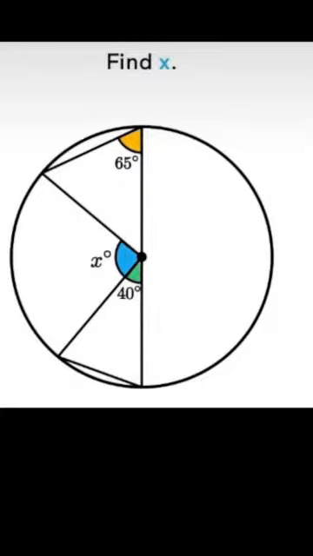Yes, you are right. As the triangles are isosceles because radii are the same, right? So both of the triangles here are isosceles triangles and their base angles must be equal. You are right. Then what about the value of x?